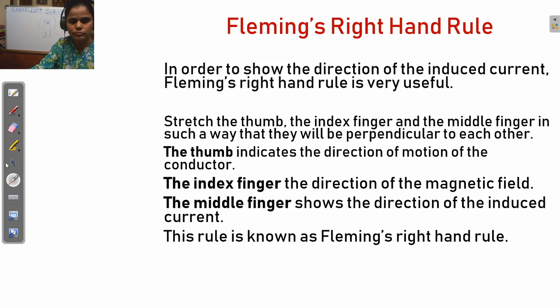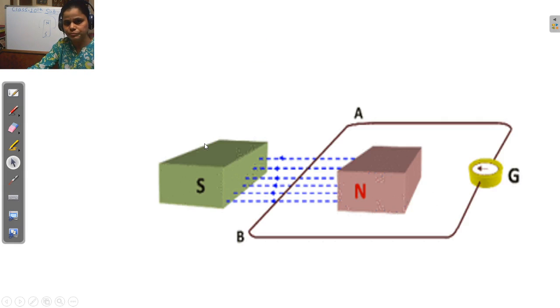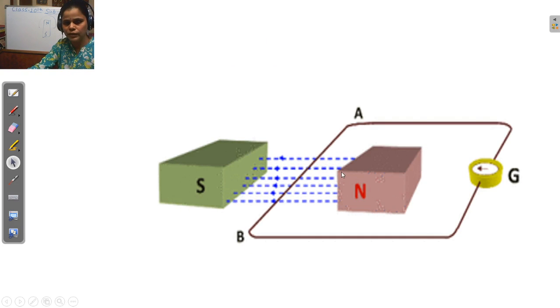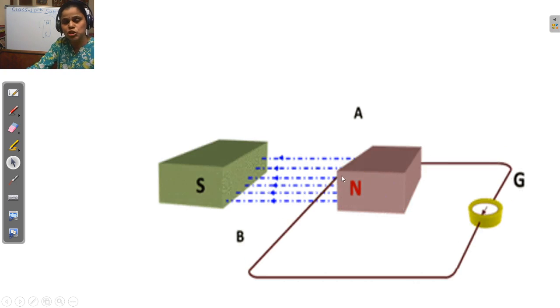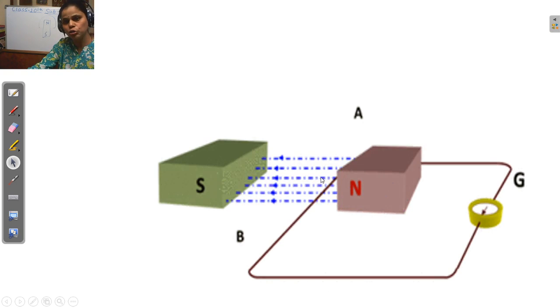Okay. So next, this is the schematic diagram of the motion of the conductor, the direction of the magnetic field and the direction of the induced current. Let's see in this picture. This is your magnetic field, and the blue lines show the direction of the magnetic field, which is from north to south.